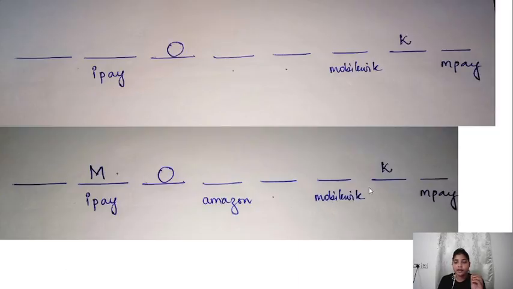So if I write Amazon here, 1 place, then N. So where will I write the PhonePe? Right? I cannot write PhonePe here. I can write PhonePe here. But if I write PhonePe here, I have to write H here.